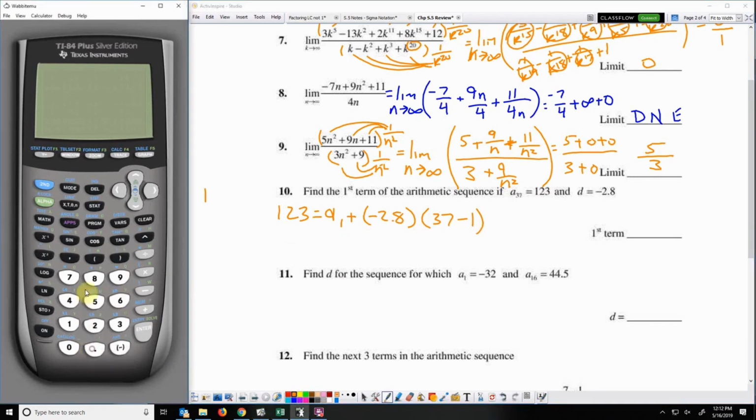Negative 2.8 times 36 is negative 100.8. So I've got 123 equals term 1 minus 100.8. So I can add this 100.8. So that's 123 plus 100.8, and that's 223.8.